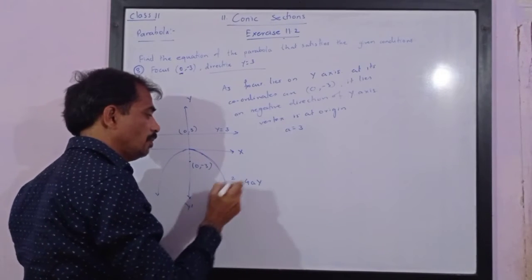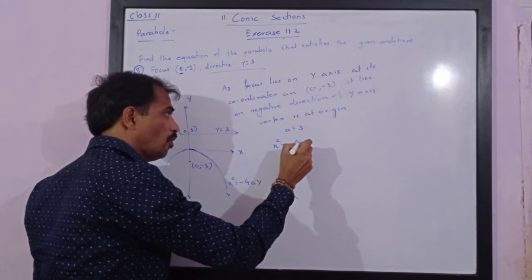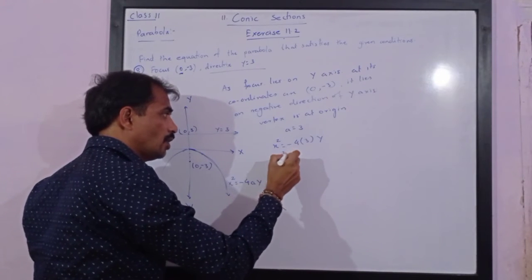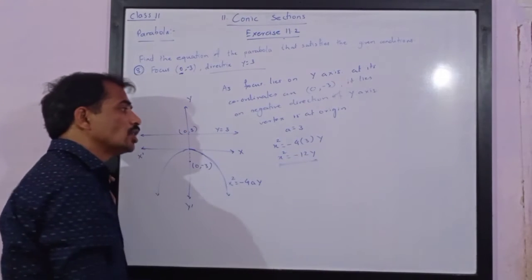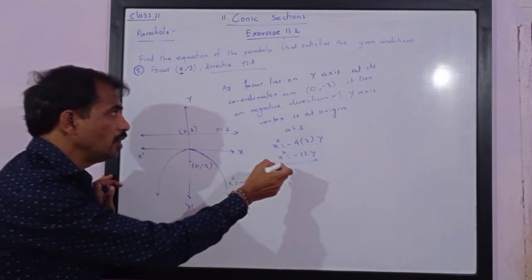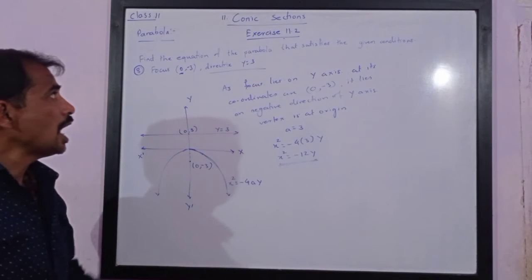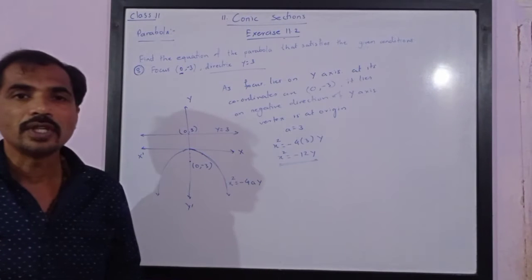Hence the equation will be x square is equal to minus 4 into 3y. Therefore x square is equal to negative 12y. This is the equation of the parabola having focus (0, negative 3) and whose directrix is y equals 3.